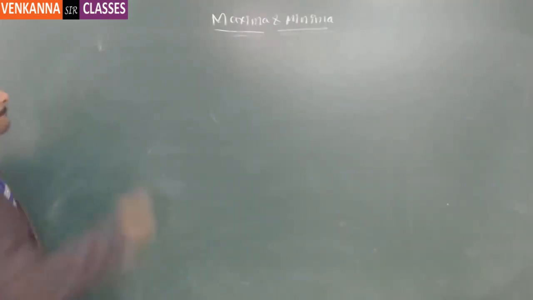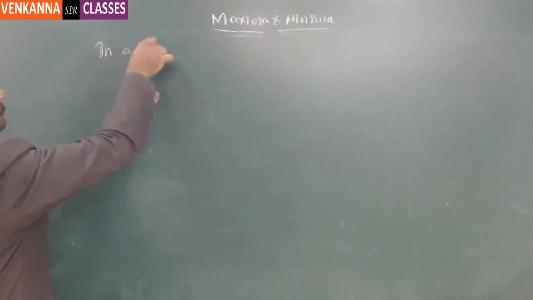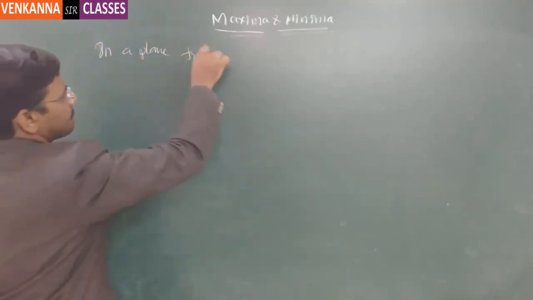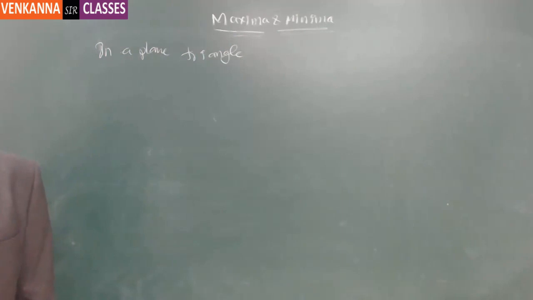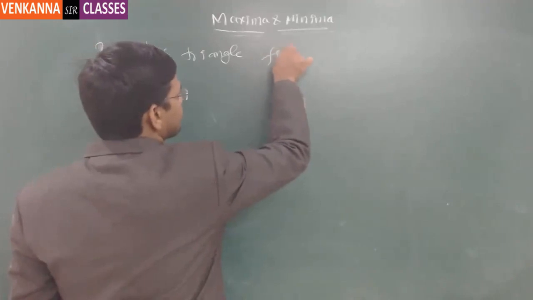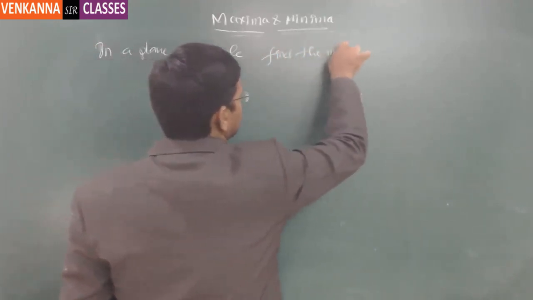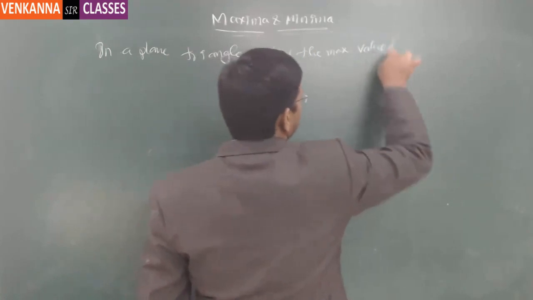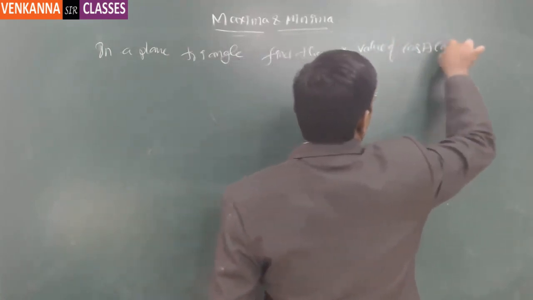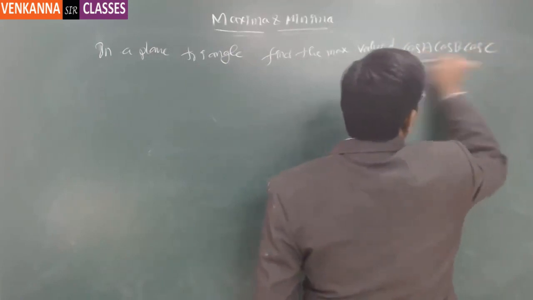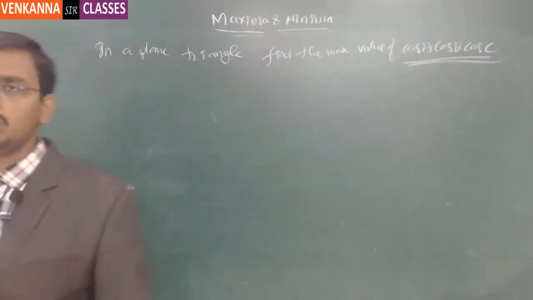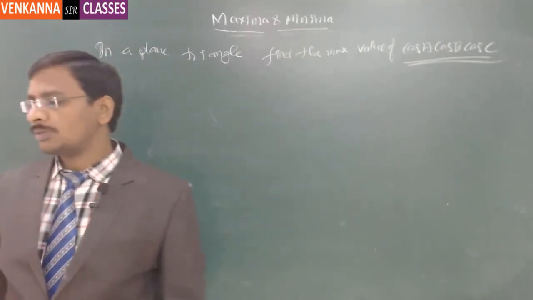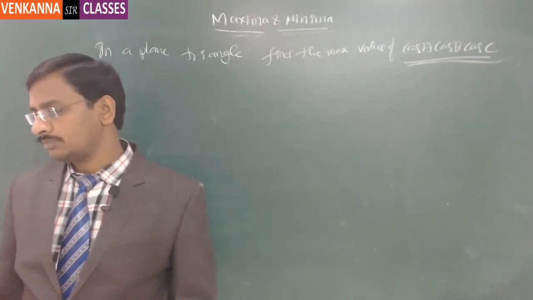In a plane triangle, find the maximum value of cos A, cos B, cos C. You have to find out the maximum value of the product of cos A, cos B, cos C. So this you take as homework. In case you are not able to solve, then I am going to solve it in the next class on Monday. Got it?